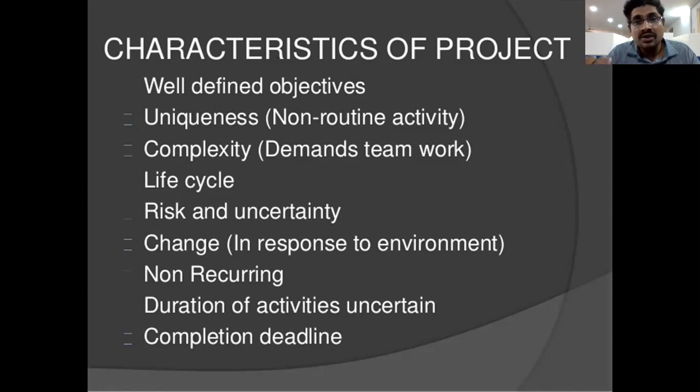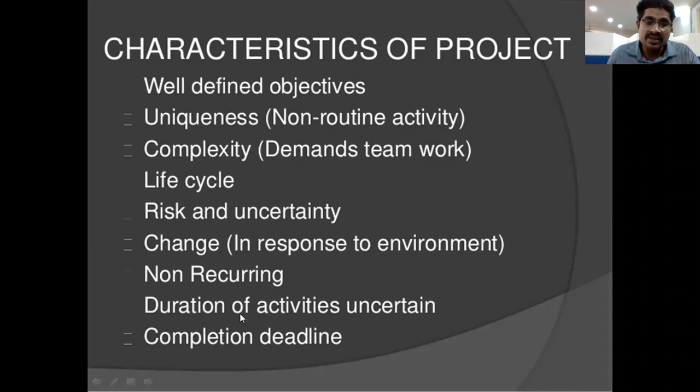Due to these different reasons, risk or losses may occur in the future, right? That's why risk and uncertainty is another feature of a project. Next, change in response to the environment: the contract may change towards its environment. Next, already non-routine activity, it is a non-recurring activity.